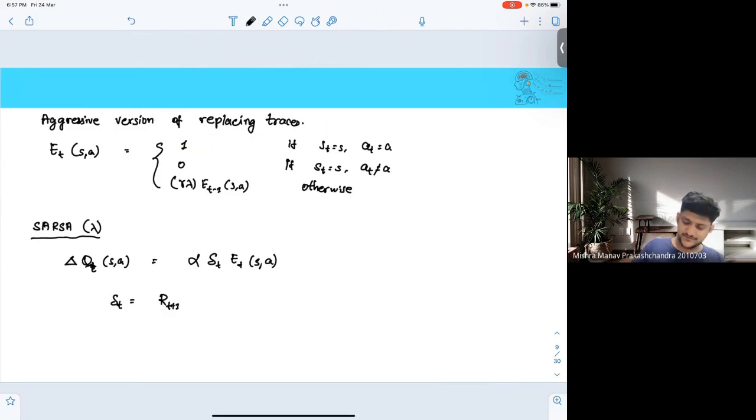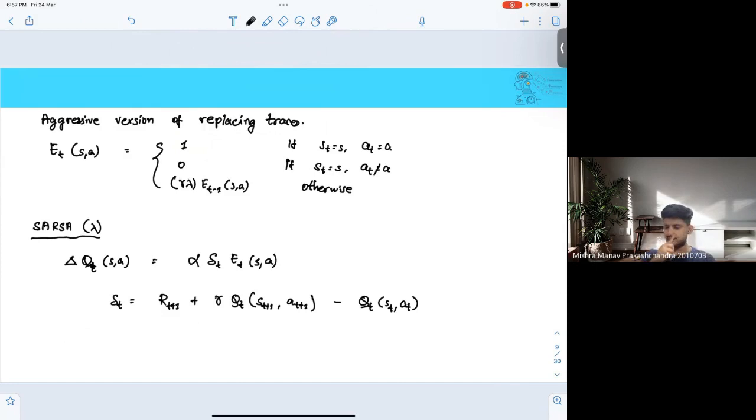So delta_t is the TD error for SARSA, which is gamma Q_t(S_t+1, A_t+1), where A_t+1 is an exploratory action, minus Q_t(S_t, A_t). This is as per the SARSA update rule. Okay, so this is how delta_t is computed.